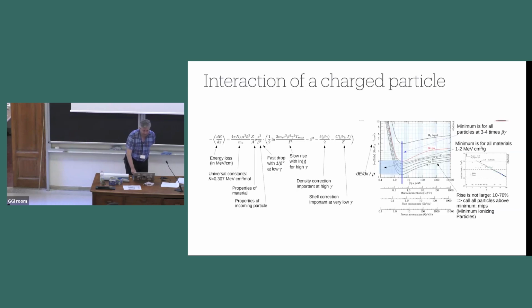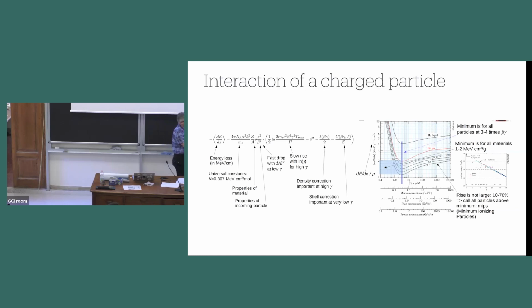And if you go through all of this, you arrive at the famous formula, which you've already seen here before, which is the Bethe-Bloch formula. And so it has this characteristic function that at relatively low energies, the ionization is quite high. It drops rapidly as a function of the momentum, and then it has this relativistic rise as you get to larger momentum.